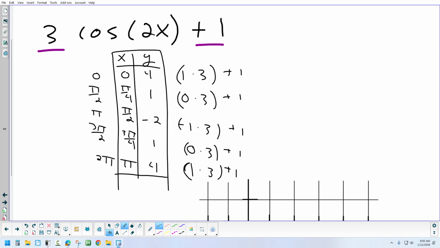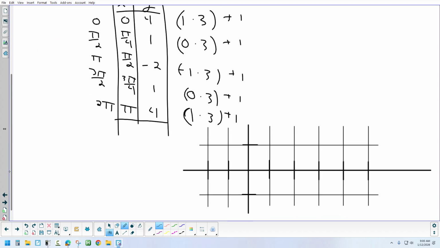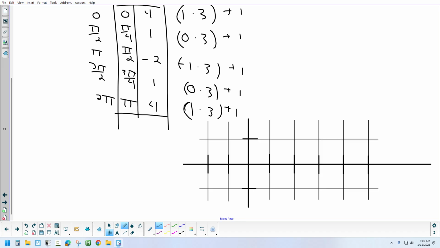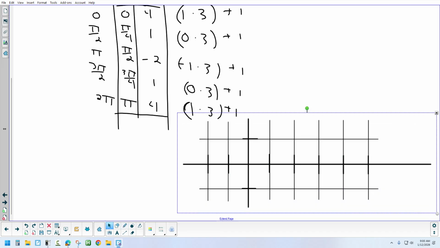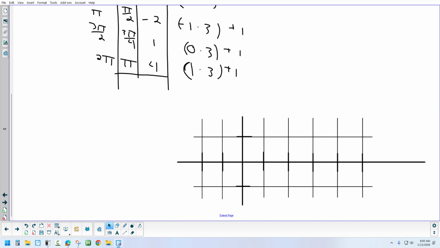Okay. Any question on the table? Okay. So now let's look at our graph. We've got to go up to 4, and we've got to go down to -2. What I think I might do here is I need one more line. Let's put this up top.